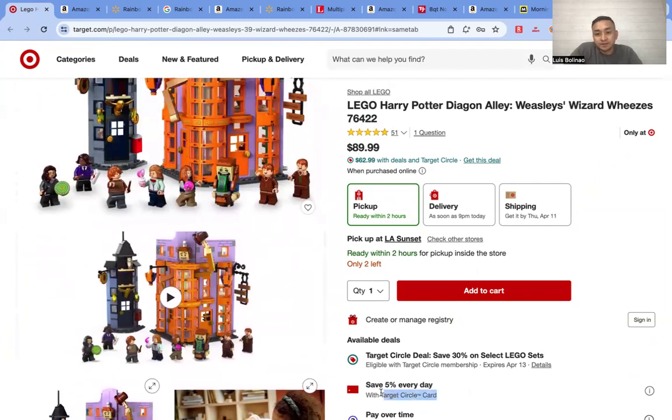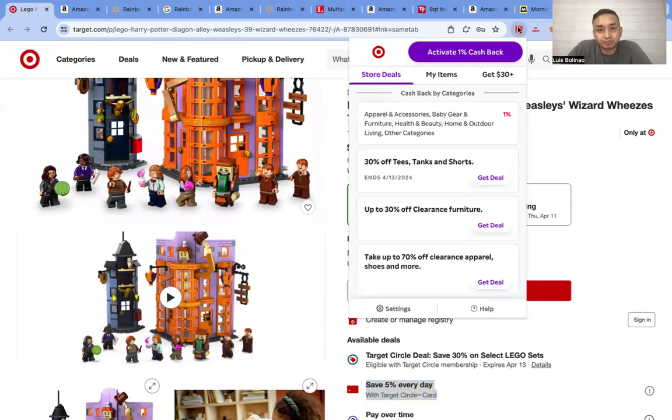So that's a 35% discount, right? And then you can also get some discounts from your cashback websites like Rakuten, Top Cashback, and others. So Rakuten is giving 1%, right? It's not a lot, but I'm still gonna add it. So 30 plus 5 plus 1 is 36%, right?